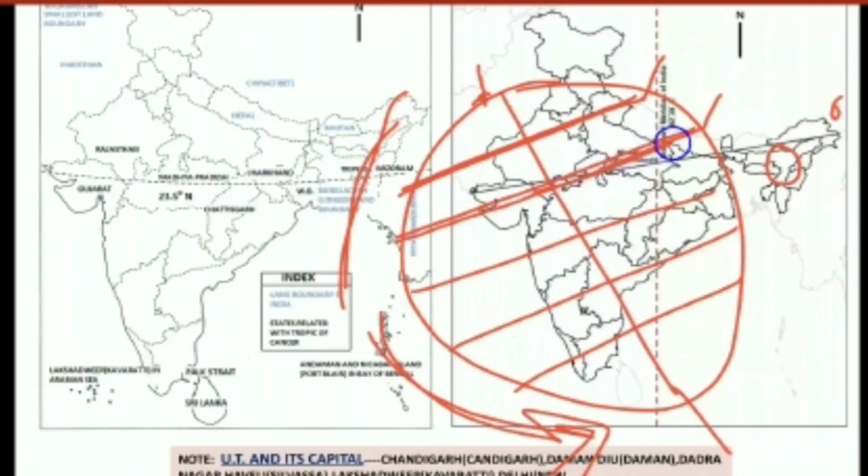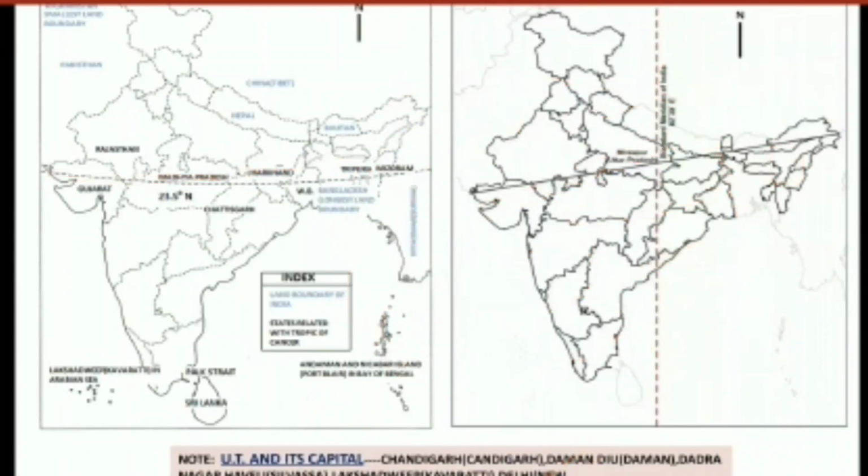So the Tropic of Cancer line passes through the middle portion of India and touches total 8 states of India. The states are Gujarat, Rajasthan, Madhya Pradesh, Chhattisgarh, Jharkhand, West Bengal, Tripura and Mizoram. Now, some important land boundaries of India.